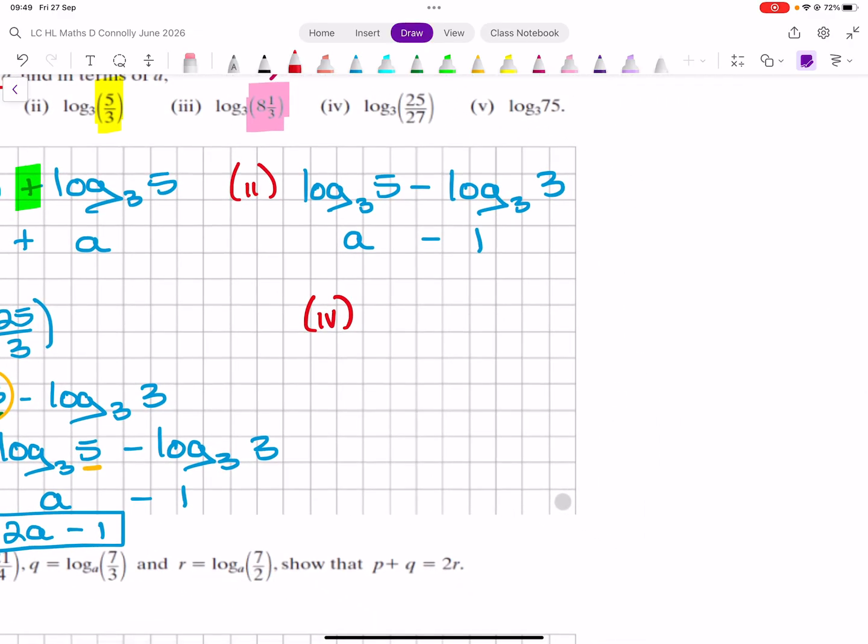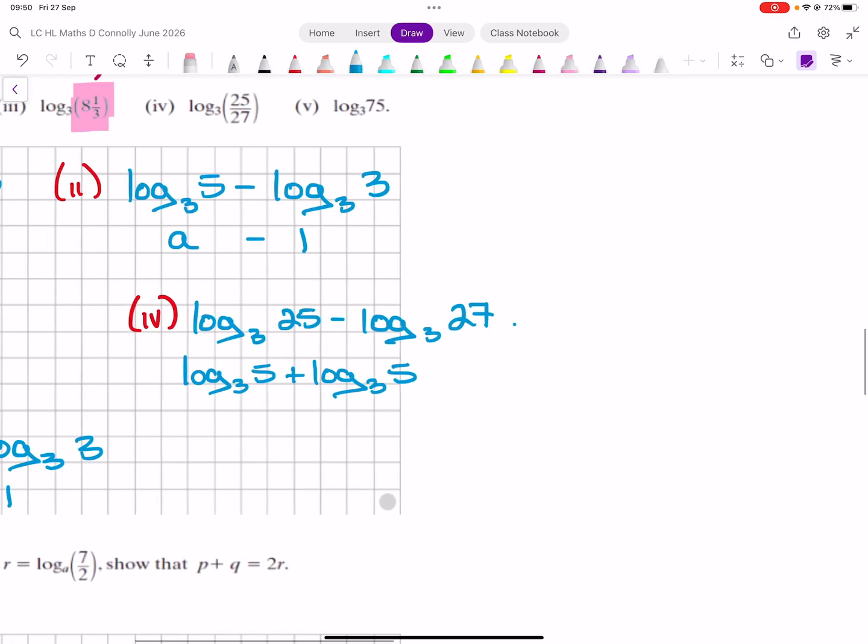Ooh, 25 and 27. Okay. So the division can go straight to a minus. This is going to be log to the base 3 of 5 plus log to the base 3 of 5, the exact same thing we did over here.